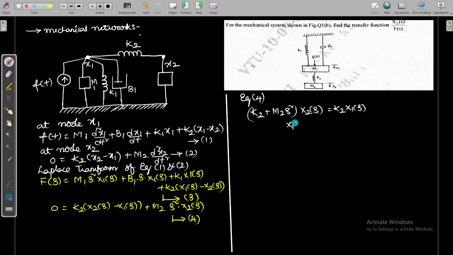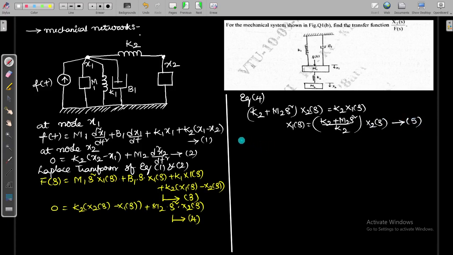So X1(s) is equal to (k2 plus m2 s square) divided by k2, into X2(s). We can write it like this. So we got the equation, and you call it equation number 5.